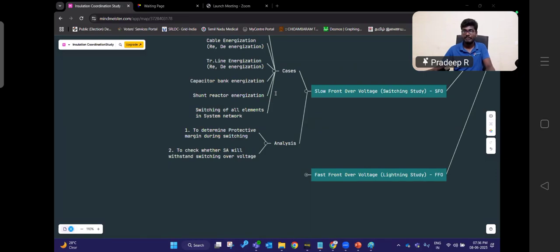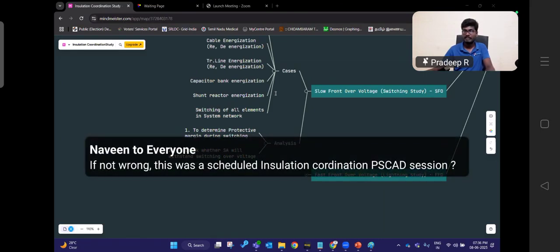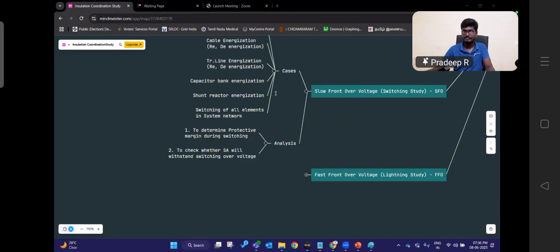Also, please reveal the amplitude of TOV in relation to normal voltage. That depends upon what type of event is occurring there. Only then can we observe the TOV.